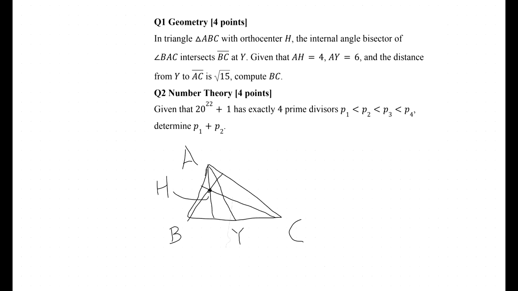Okay, so we have AH equals 4, AY equals 6, and the distance from Y to AC is root 15, and we want to find BC.